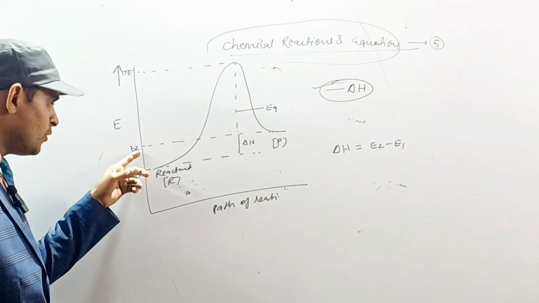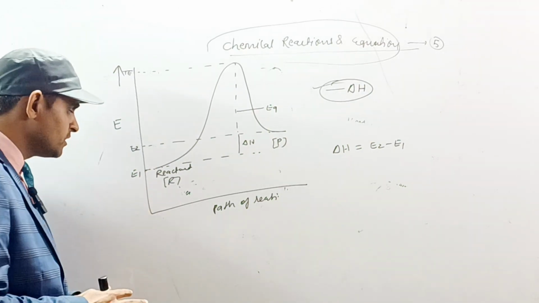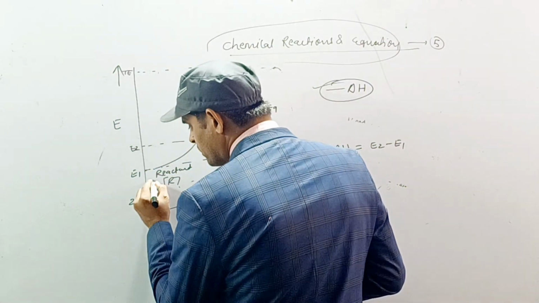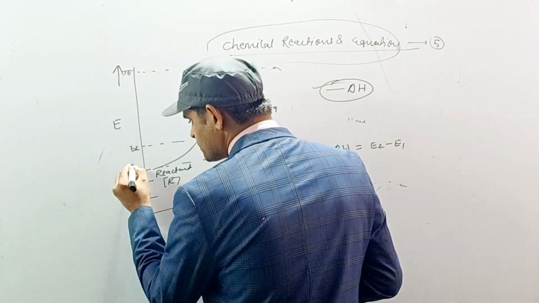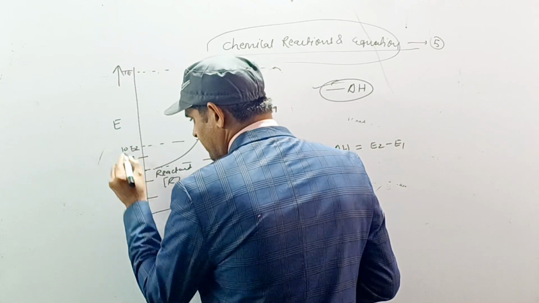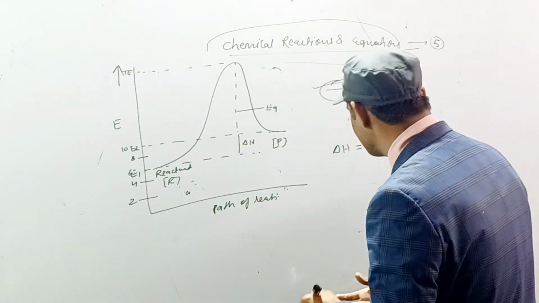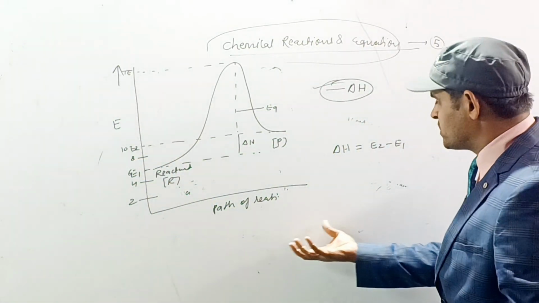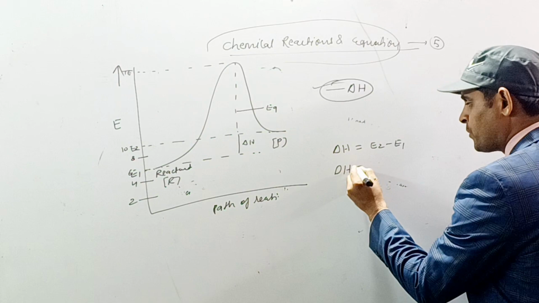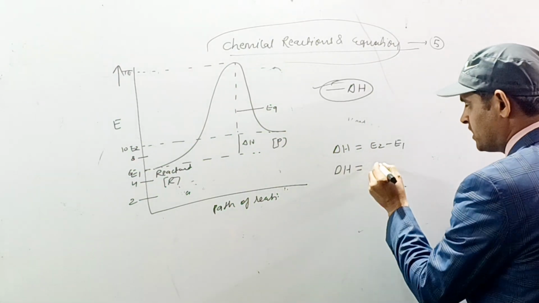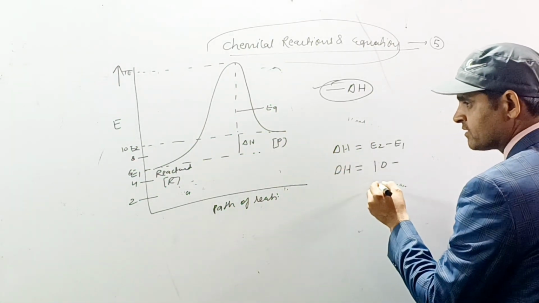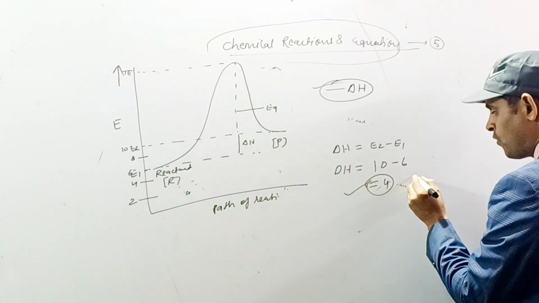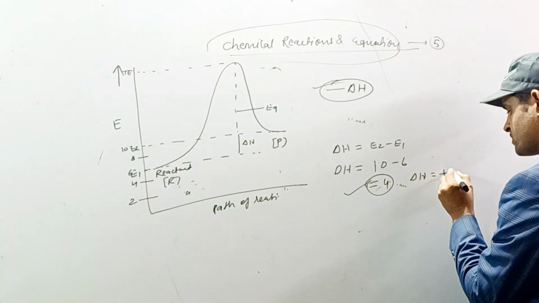Obviously the value of E2 is greater than E1, and we can explain in a simple way: 2, 4, 6, 8 and 10. 10 minus 6 equals 4, so the sign of del H is plus.